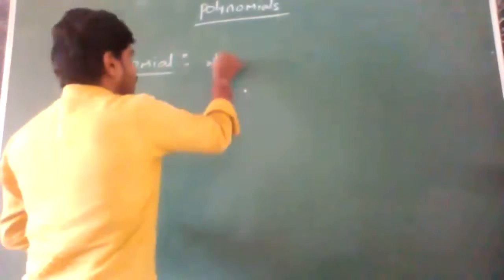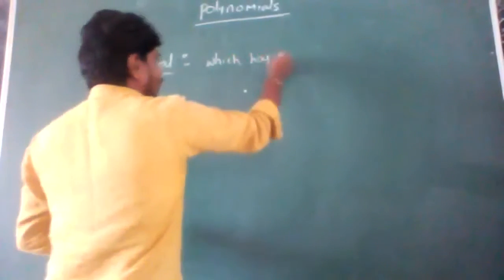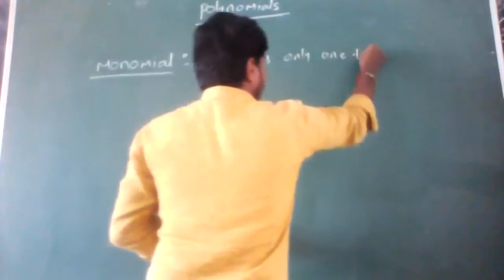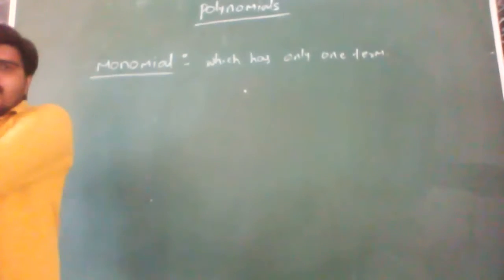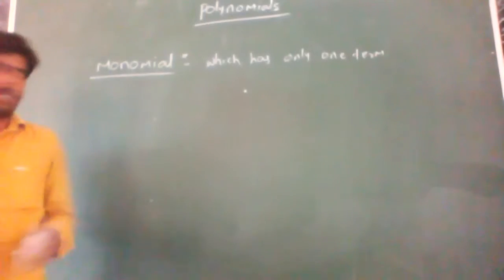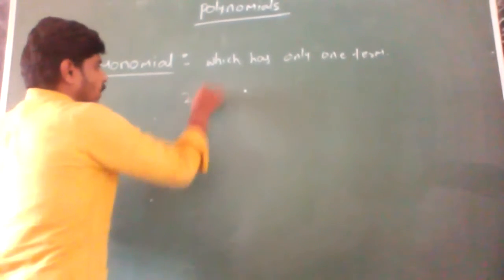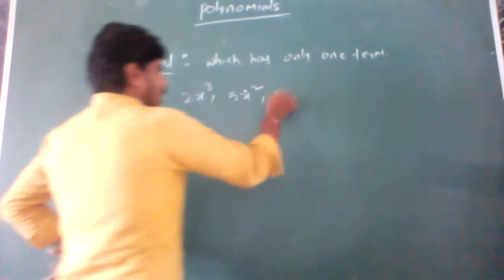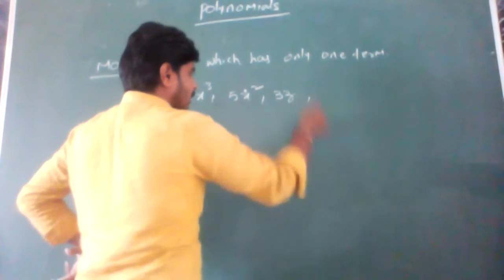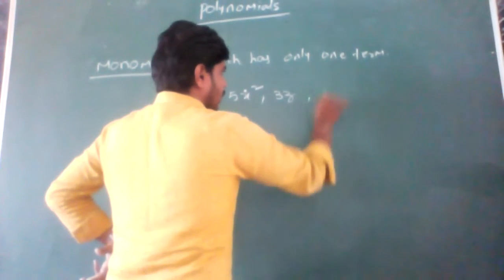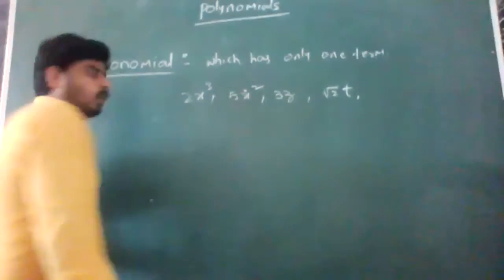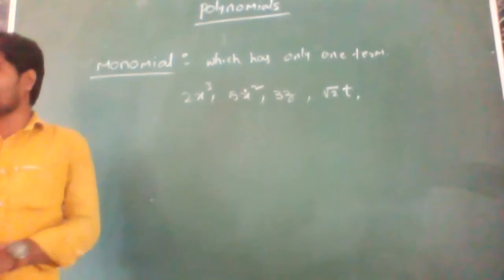Which has only one term is called a monomial. Examples: 2x cube, 5x square, 3z, root 2t, and so on. All these are monomials, right?